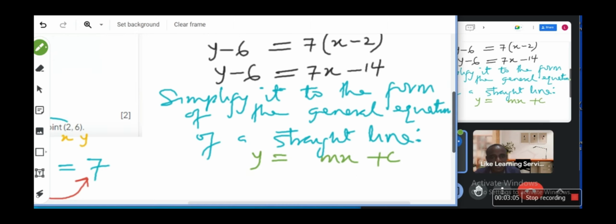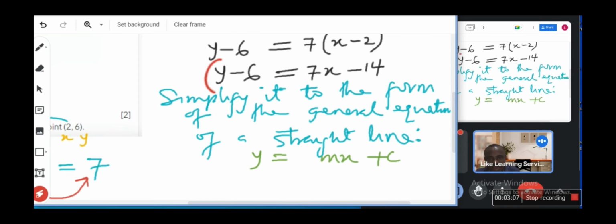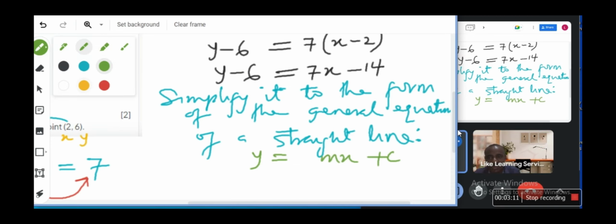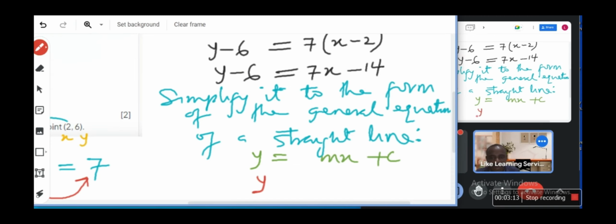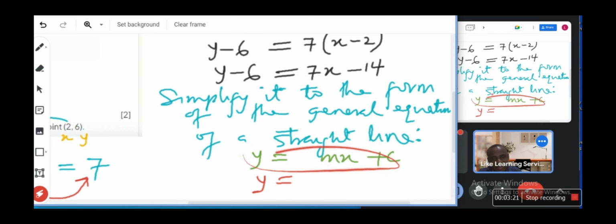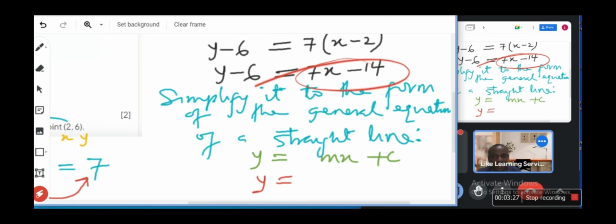All you need to do is let y stay alone, make y the subject of the formula. Every other thing goes to the other side.